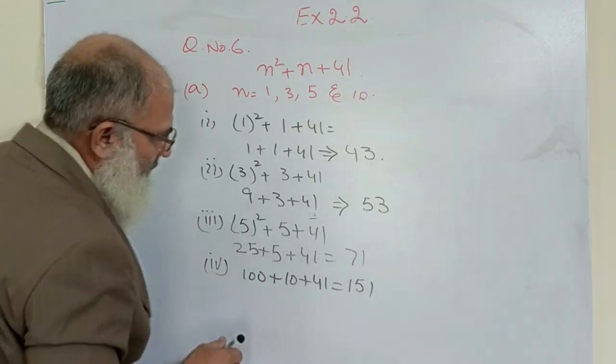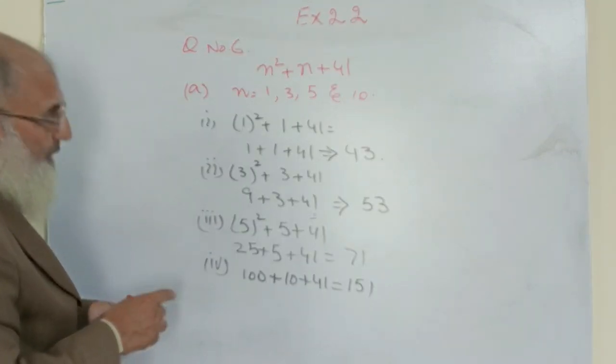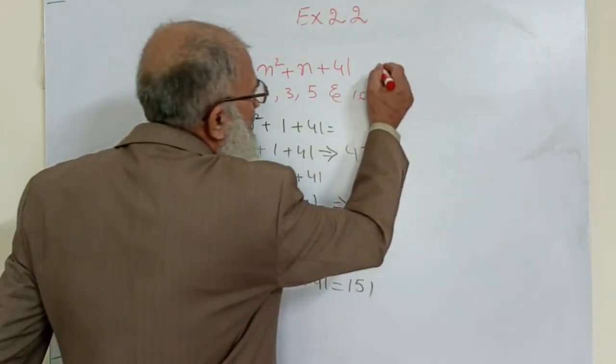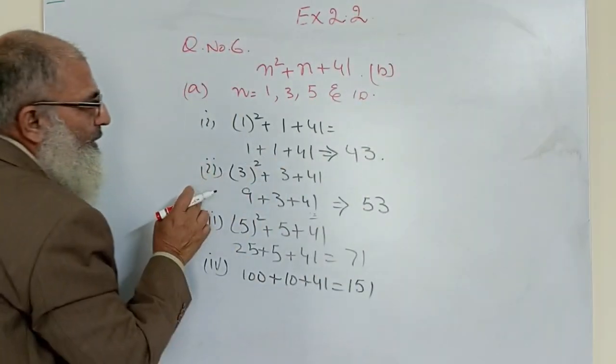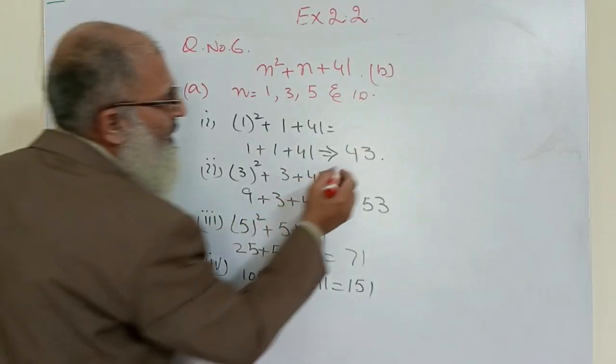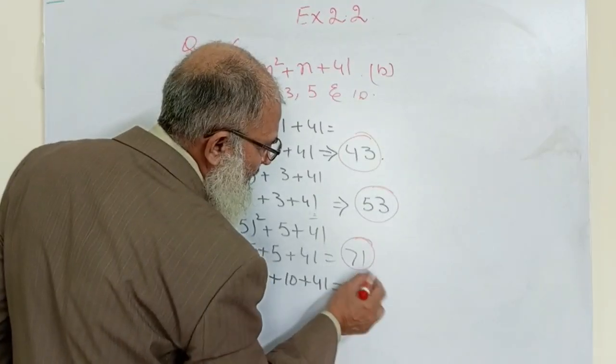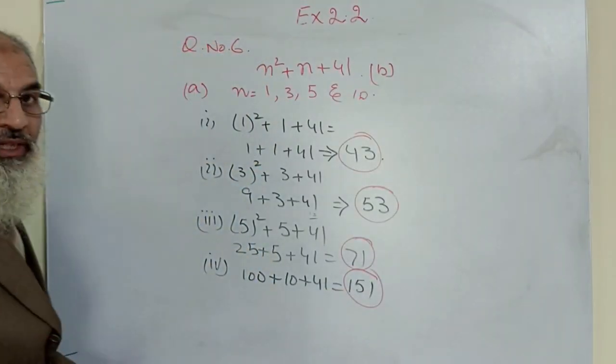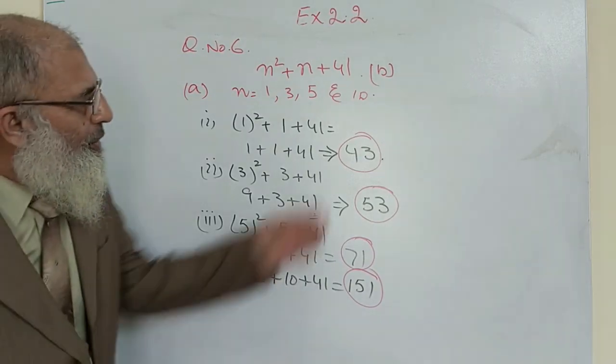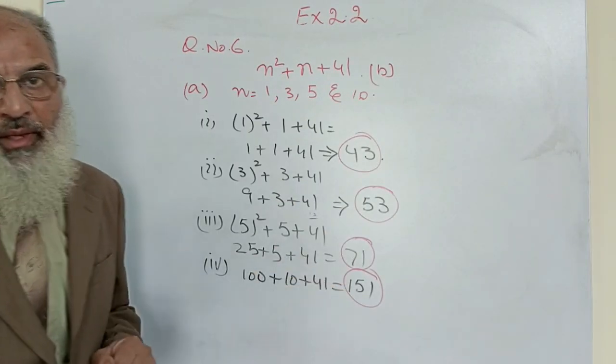So dear students, in part B, he is asking what did you notice about the answers. Now this is our answer. This is our answer. This is our answer. These four are our answers.